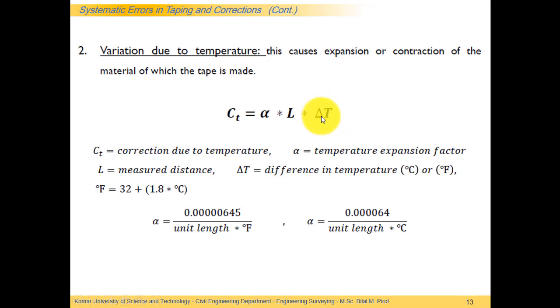What are the two temperatures? The first is the standard temperature of the tape. The second is the temperature of the environment in which you have used the tape. So we have this simple formula that can be used to find the correction due to the temperature.